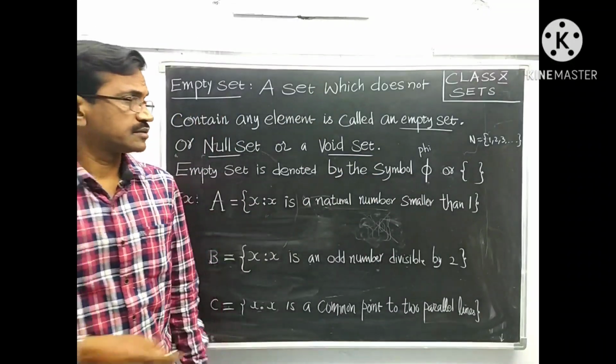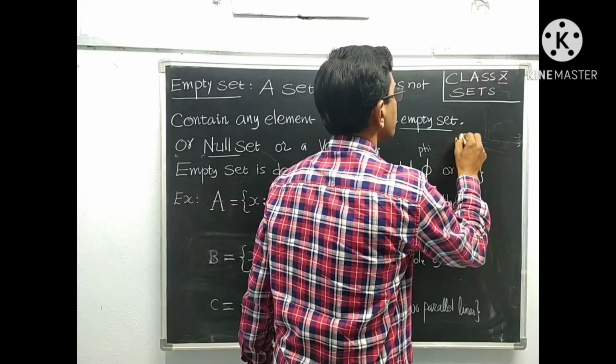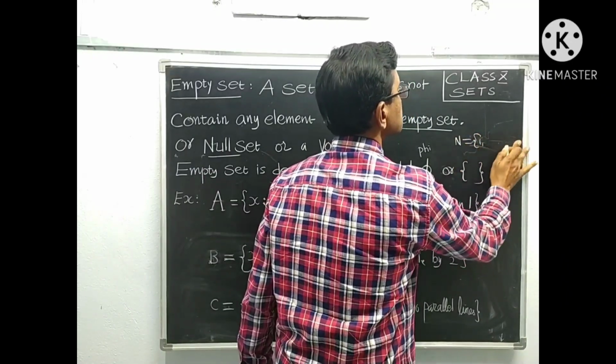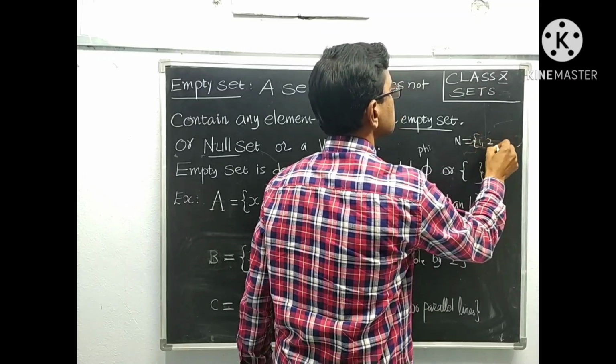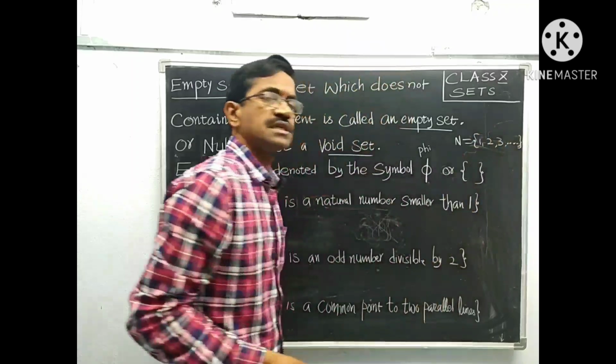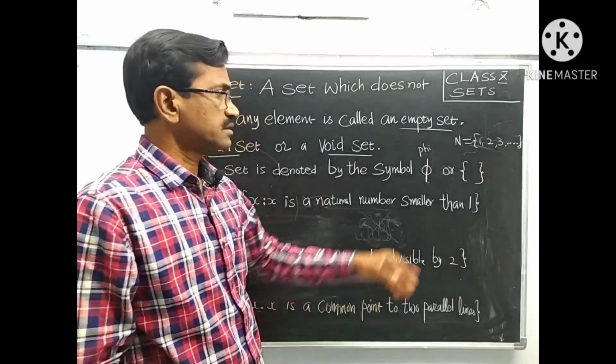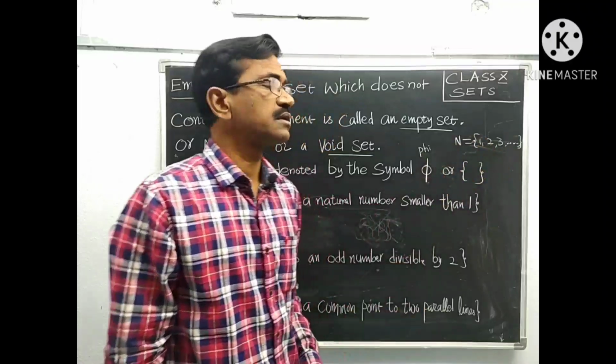We know the natural number set. What are called natural numbers? The numbers which are used for counting are called natural numbers. The smallest natural number is 1.